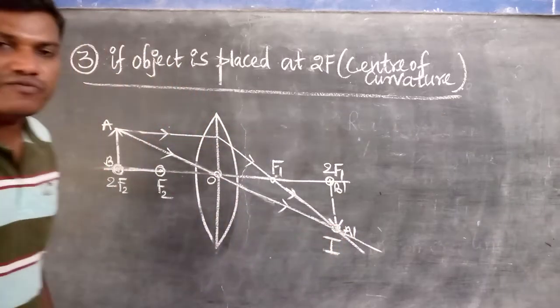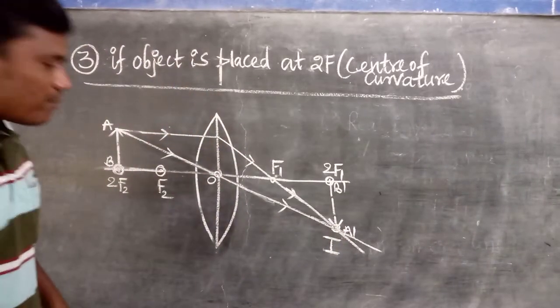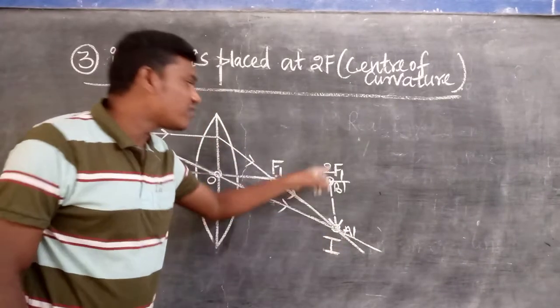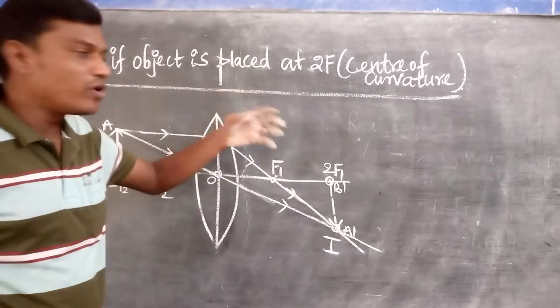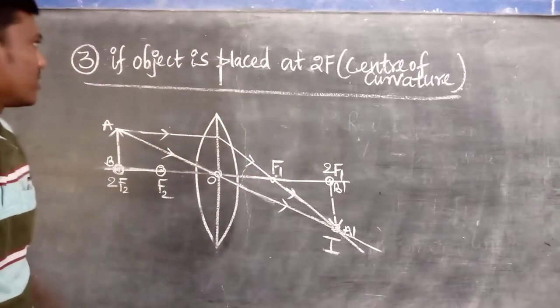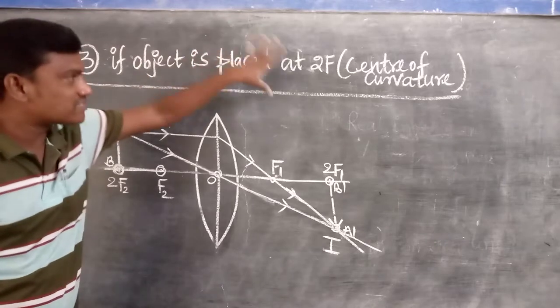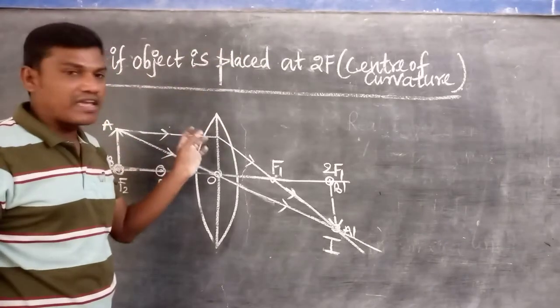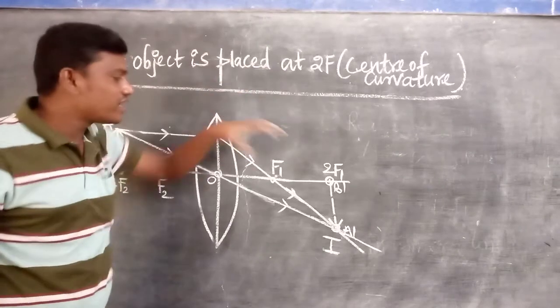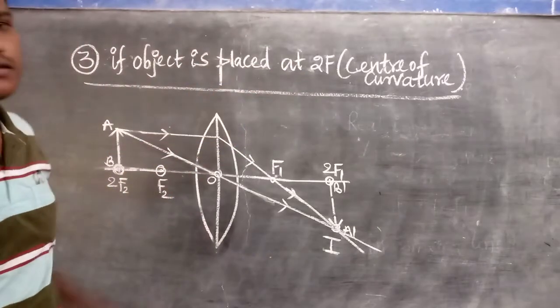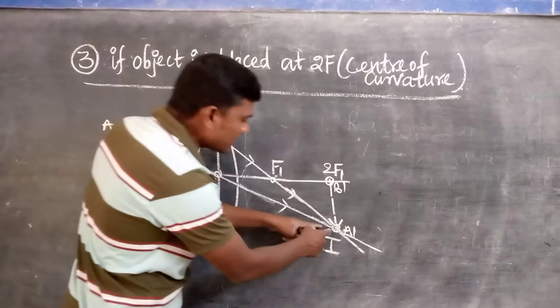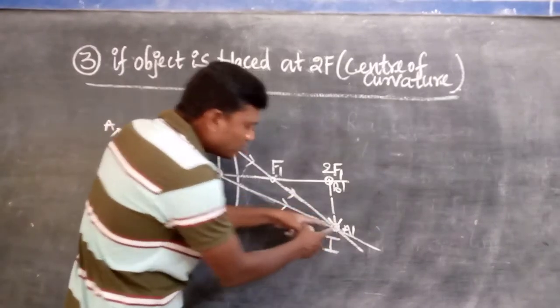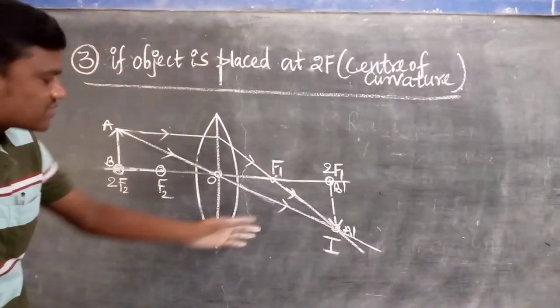At that point, what will be formed? An image will be formed. But where exactly will this image be formed? At 2f only, on the other side. Listen very carefully. If an object is placed at the center of curvature on one side, then the image will be formed at the center of curvature only, but on the other side of the object. Here also, after the refraction, the two rays really meet. Yes, really meet.